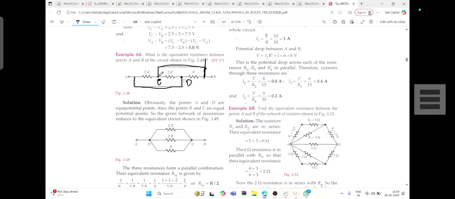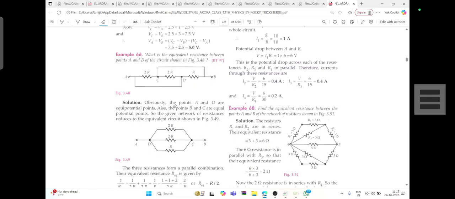Now you can draw the circuit this way. That is point A and that is point D, because the potential difference between A and D is 0. So D and B, B or C, the same point.